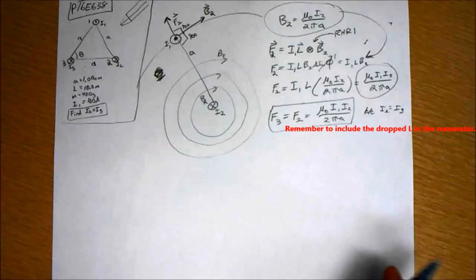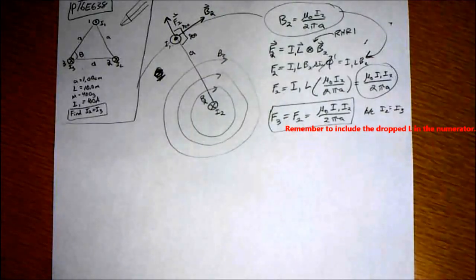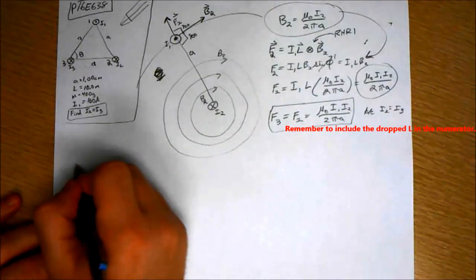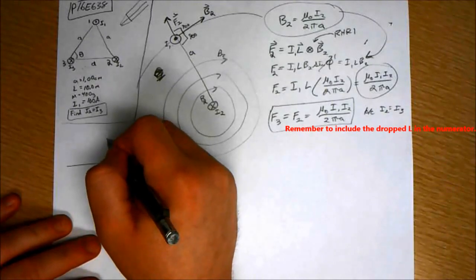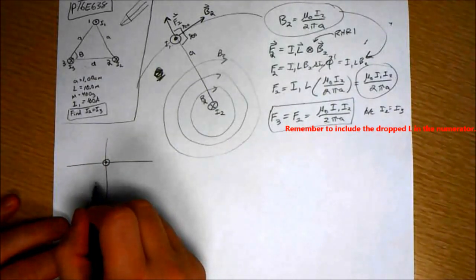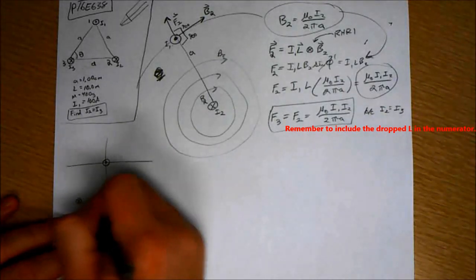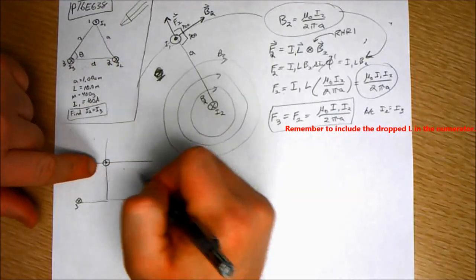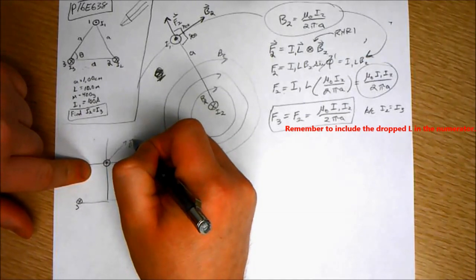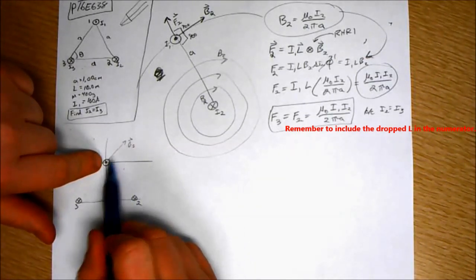Okay, so now that we have the magnitude of this force, it's just like any other addition of forces problems that we've worked, like maybe in Physics 1 or something. We're going to look at wire 1. We have wire 3, wire 2 down here. We already showed that the direction of the magnetic field, I'll draw it real lightly because I'll erase it in a second, the direction of magnetic field from wire 2 is in that direction.